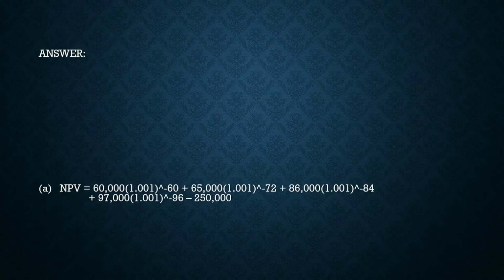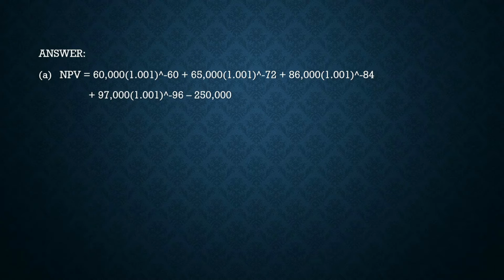The answer for A: NPV equals 60,000 bracket 1.001 to the power of negative 60, plus 65,000 bracket 1.001 to the power of negative 72, plus 86,000 bracket 1.001 to the power of negative 84, plus 97,000 bracket 1.001 to the power of negative 96, minus 250,000.